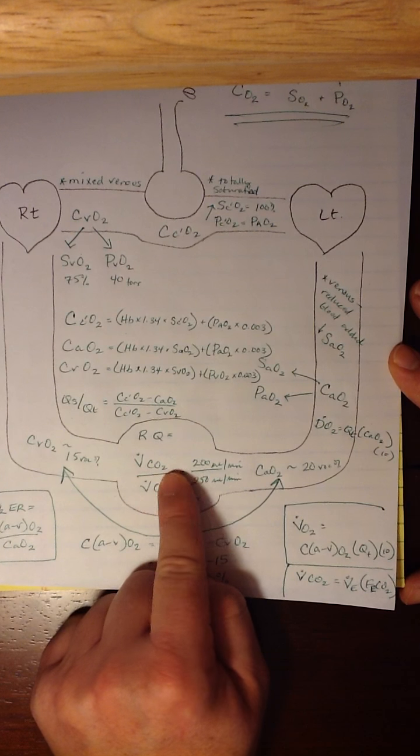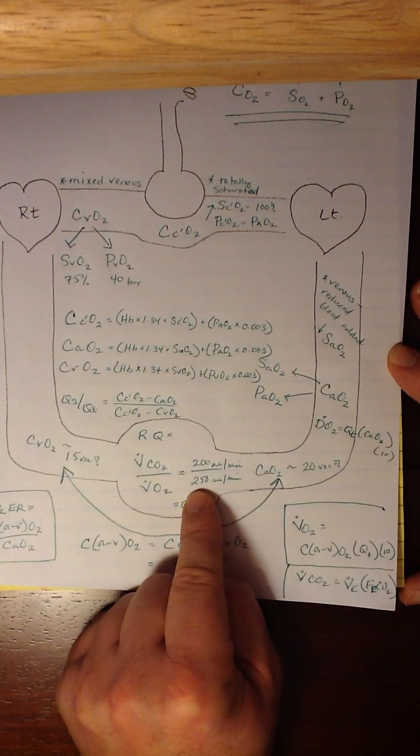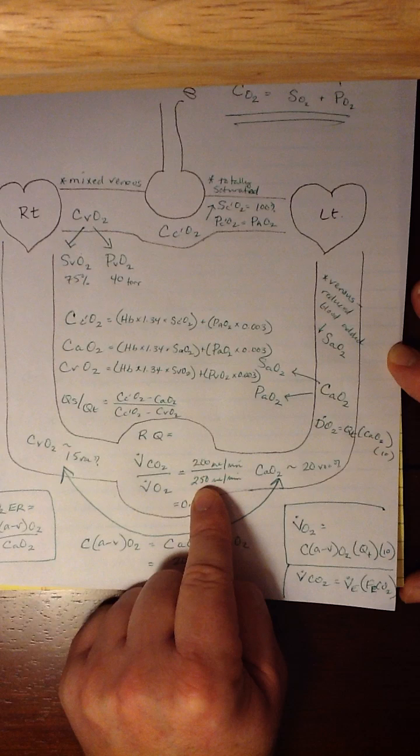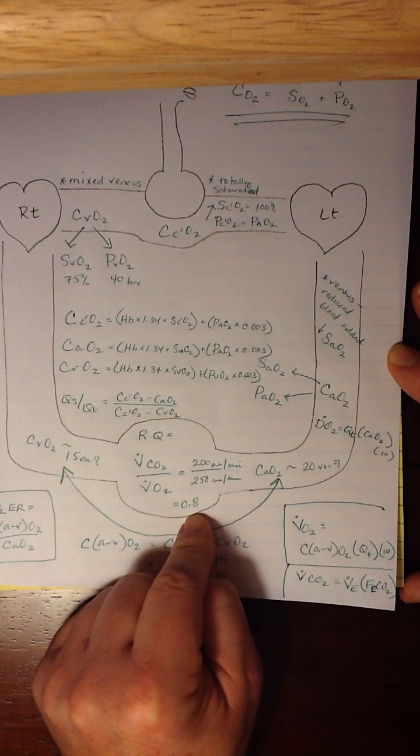So a normal VCO2 is approximately 200 mils per minute with a normal VO2 of 250 mils per minute. 200 divided by 250 is what gives us that RQ of 0.8, which is what we used as the respiratory exchange ratio in the alveolar air equation.